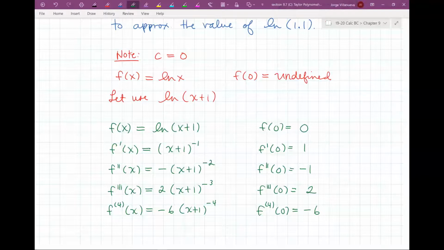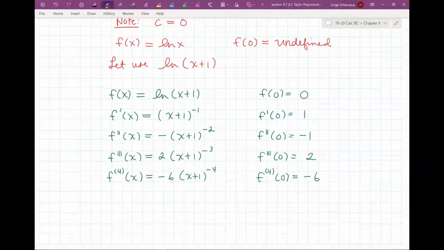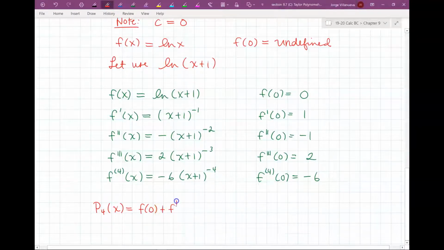Right? So once I get all that stuff, I'm going to rewrite the definition of a Maclaurin polynomial, fourth degree. So it's going to be f of 0 plus f prime of 0 x.